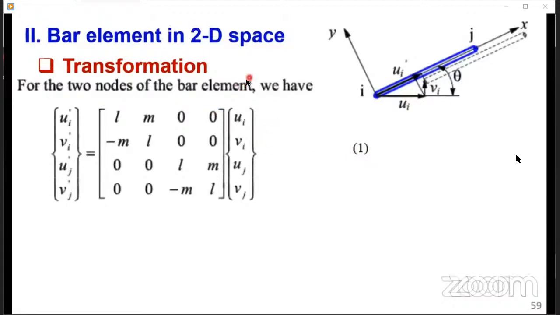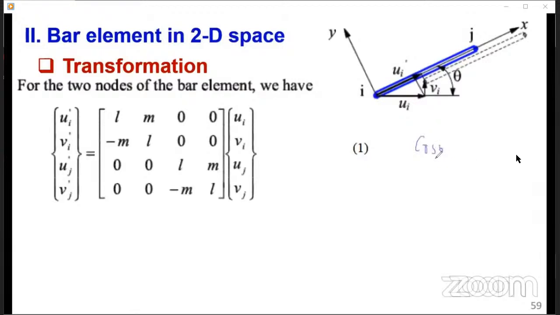Now, you can mention two things here. The cos theta and sine theta are referred to as directional cosines, if you are aware of that.